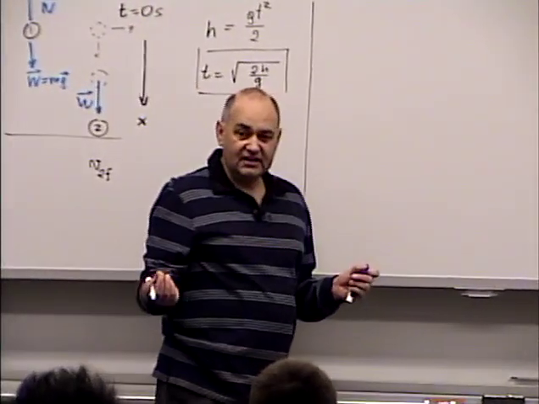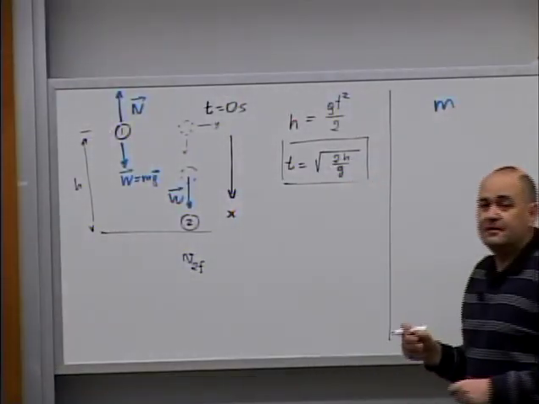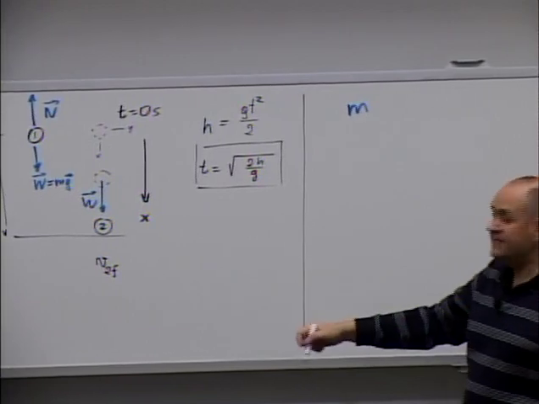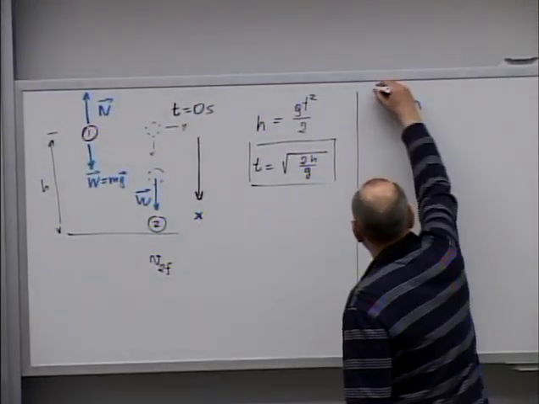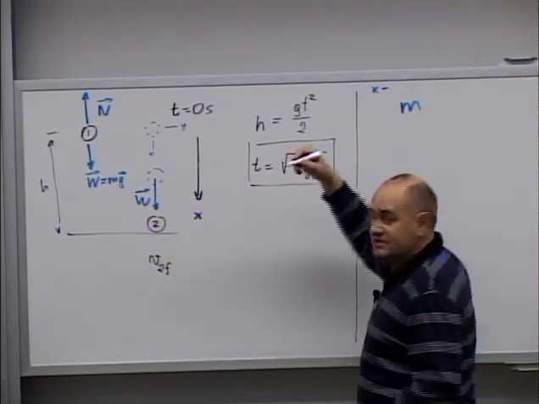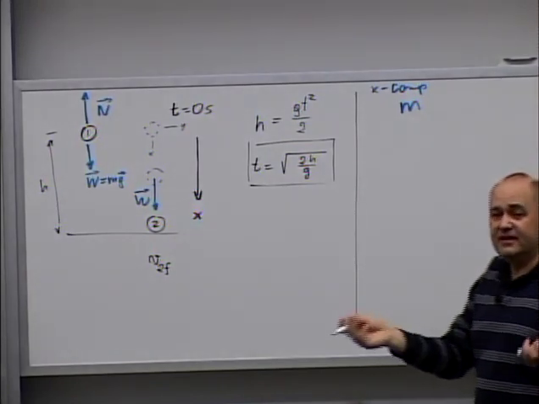Now, from Newton's second law, therefore, I can write out the mass of this particle. And how about if I concentrate just on the x component? So I'm thinking only about the x component, because all the others are 0. So I don't write vectors now.